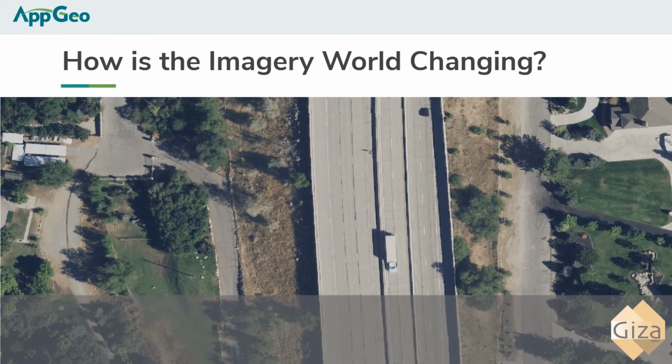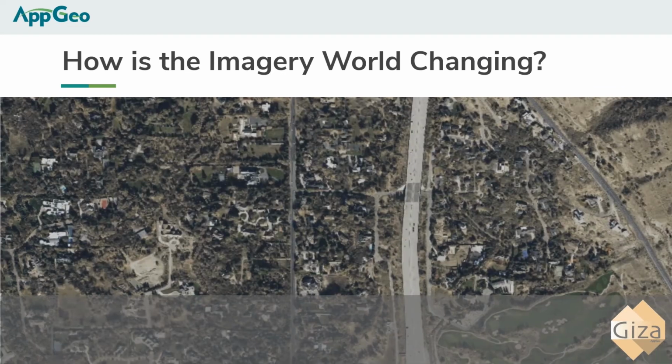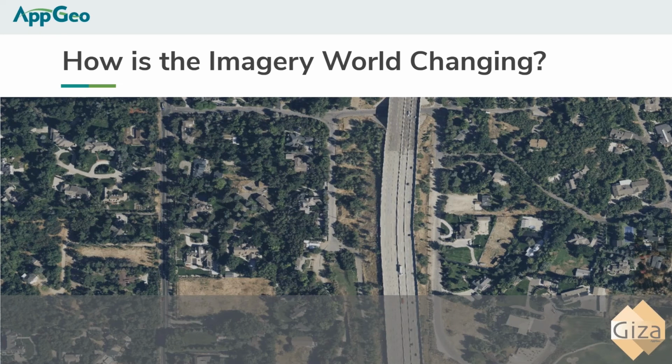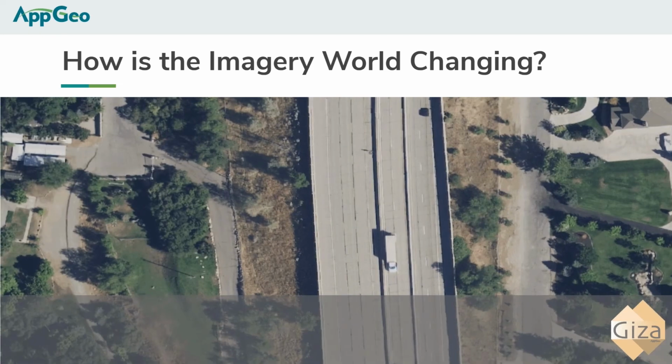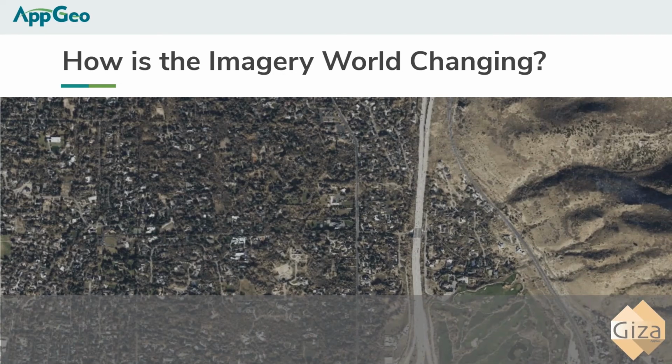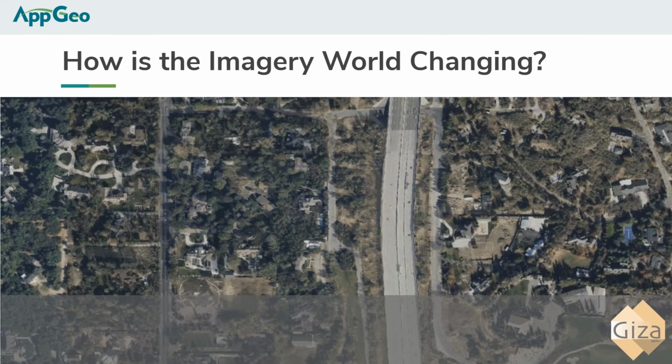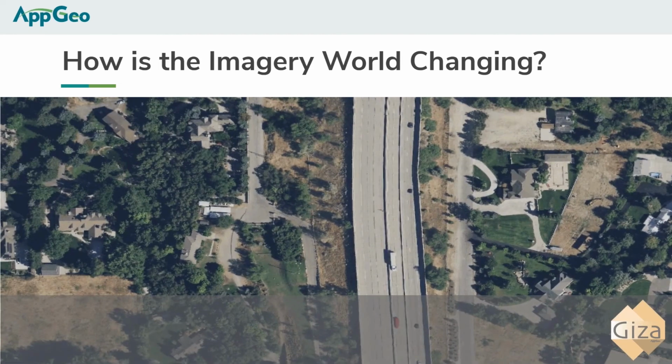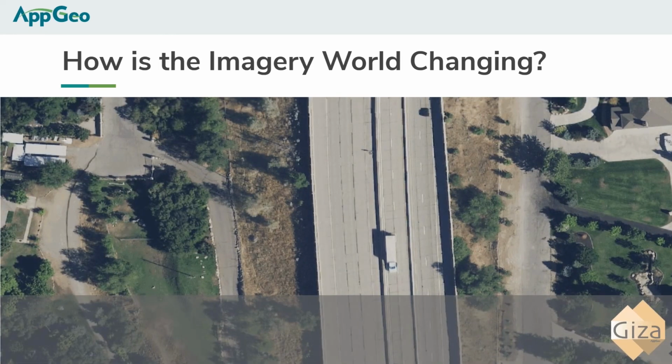So to get right into it, I want to start off by thinking about how the imagery world is changing, and specifically how your organization is using imagery differently now than maybe you did 5 or 10 years ago. As sensors and data become finer and more advanced with every coming year, the first thought we've had is just about how much more you can do with imagery. Most of the time when people are using imagery, they're trying to do something with it, not just look at it for how cool it is.